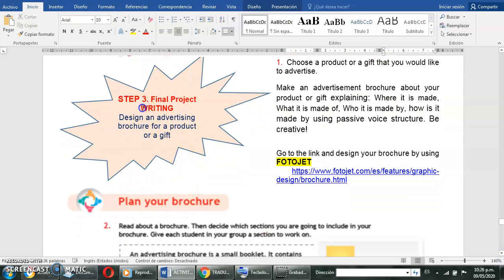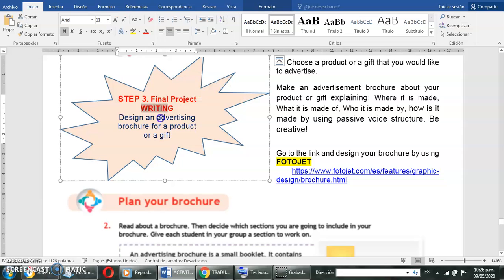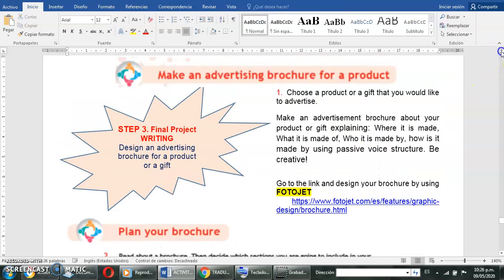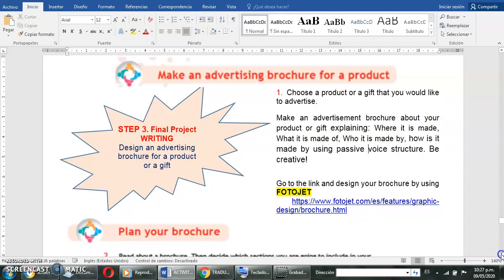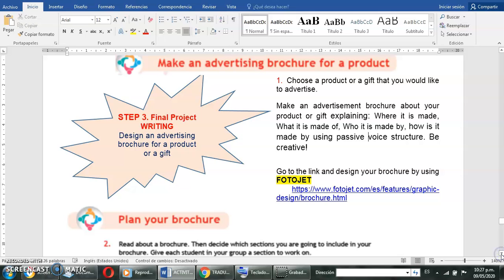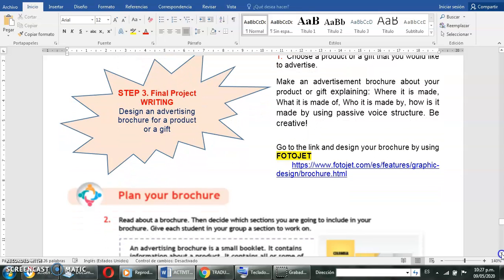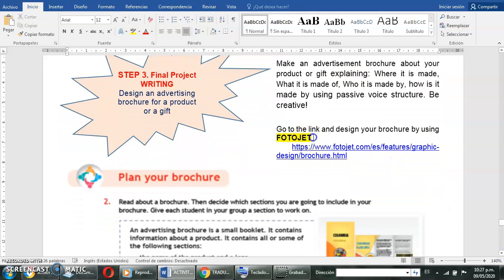It's a writing activity. You have to design an advertising brochure. Guys, you can use PowerPoint, Word, whatever program to do your brochure. The idea is that you write sentences using passive voice to describe your gift or your product. You can use Photoshop.